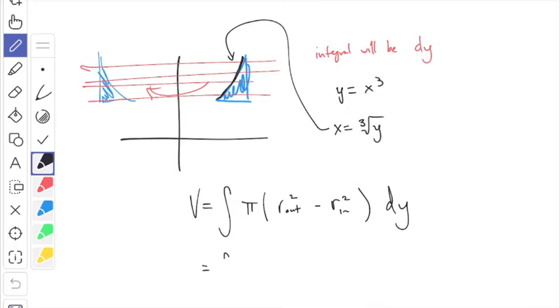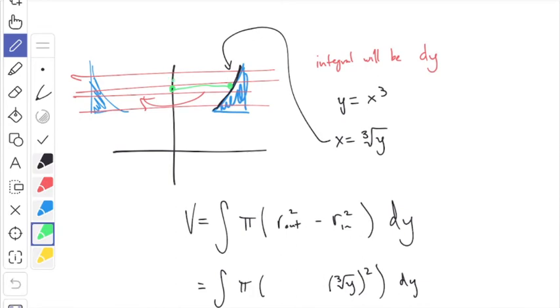So it's going to be the integral of pi, the inner radius is cube root of y, and that should be squared because of the squaring in the formula already. How about the outer radius? Someone want to shout it out other than my two regular customers? What's the outer radius here? The inner and the outer on this picture would be, here's the inner, and then here's the outer going over there.